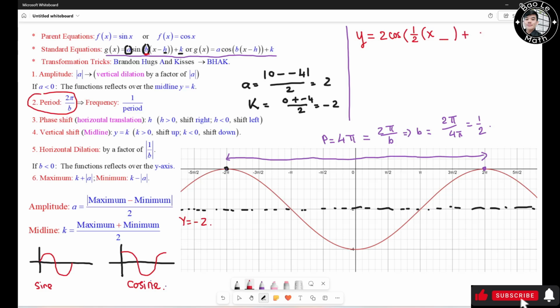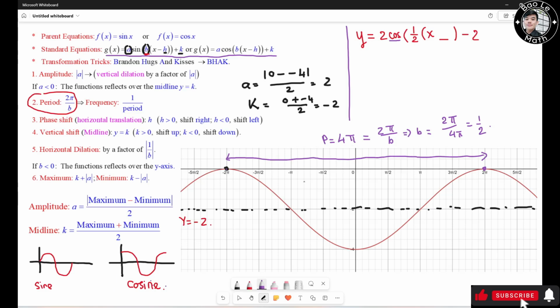Plus K. K equals -2, so I'm going to subtract 2. The sine and cosine functions have the same amplitude, horizontal dilation, and vertical shift. The only thing different right here is the phase shift.